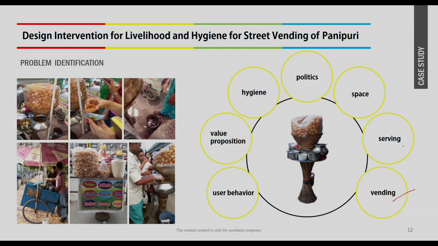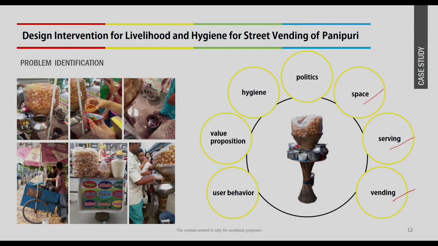We found serving related issues. Currently, they are serving with paper made bowls, which is reused paper where inks are there on its surface, which is not good for our health. We found space related issues.